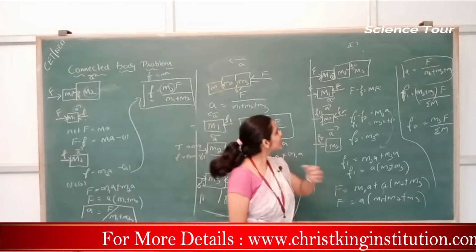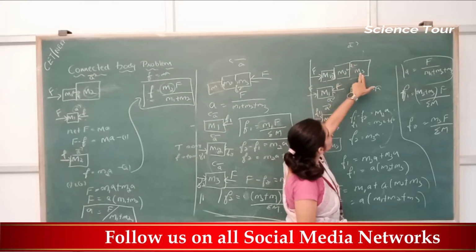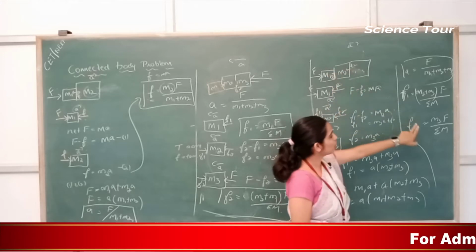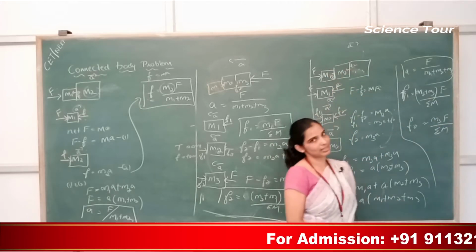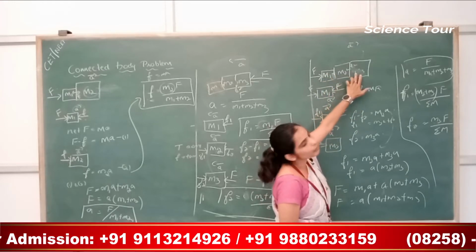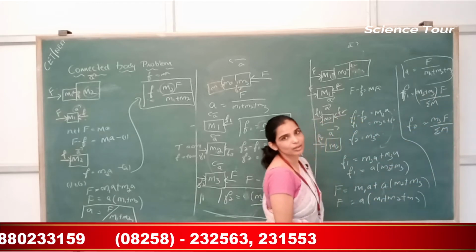You should visualize that. But here if F2 doesn't exist, then m3 cannot attach. So F2 is m3 times the acceleration. If F1 doesn't exist, then m2 and m3 both cannot attach. So F1 is m2 plus m3 times the acceleration.